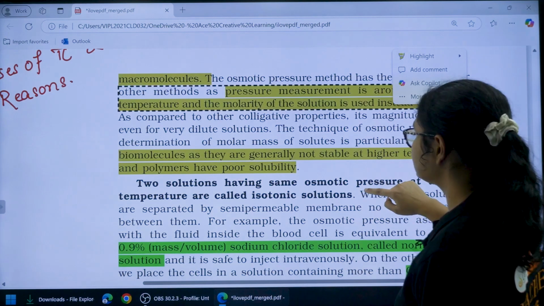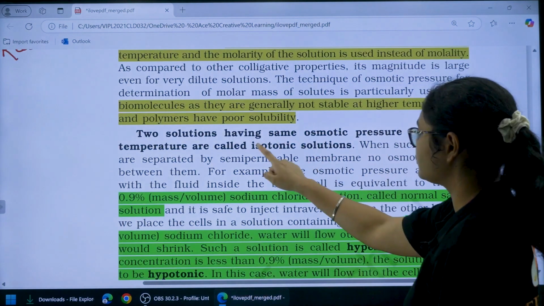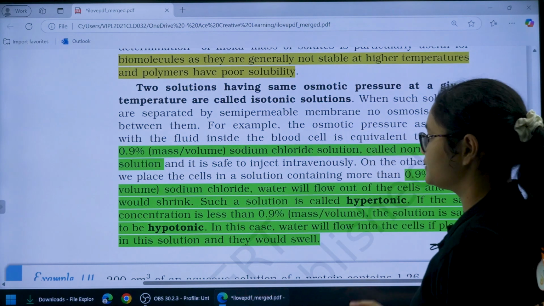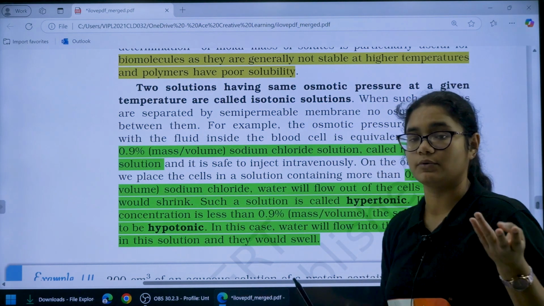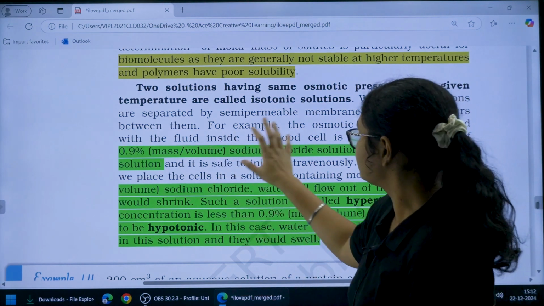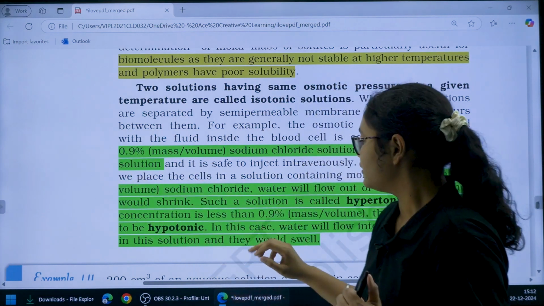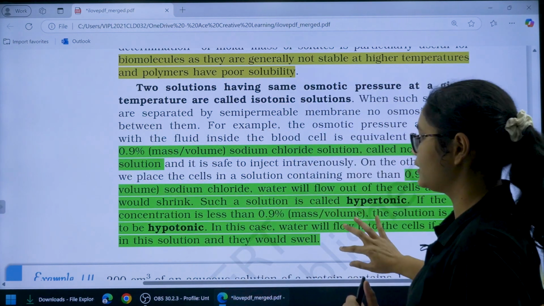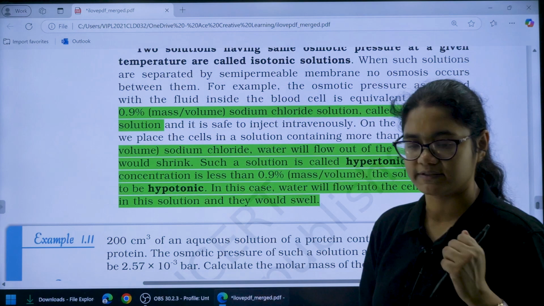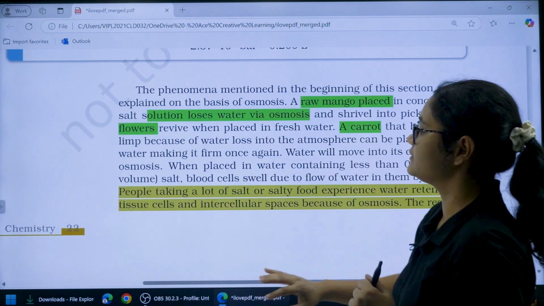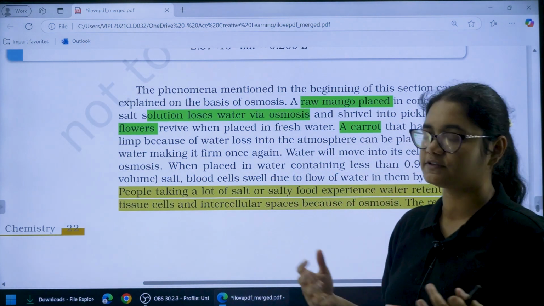Next, what is an isotonic solution, that you should be knowing. Then an example question may be asked, they give the example of a hypertonic solution. So you should know the osmotic pressure of the blood, what a hypertonic solution is, and what a hypotonic solution is. Lastly, there are so many examples of osmosis.